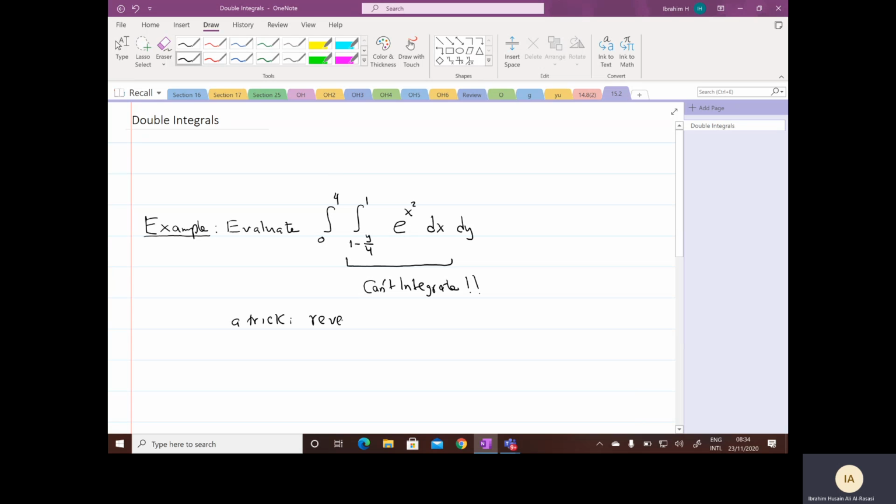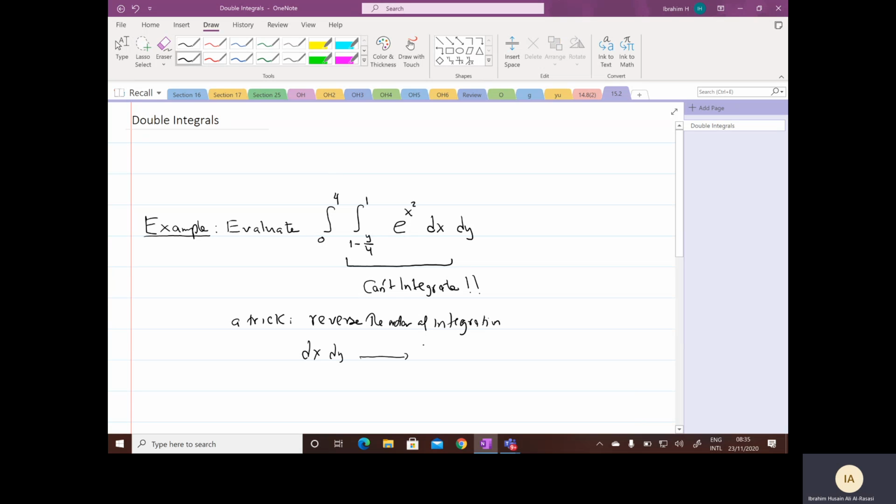Reverse the order of integration. I.e., here, if you have dx dy in the problem, dA, now change it to dy dx.